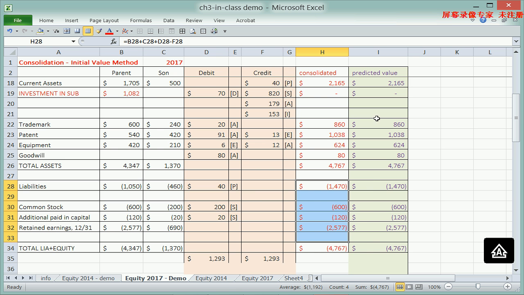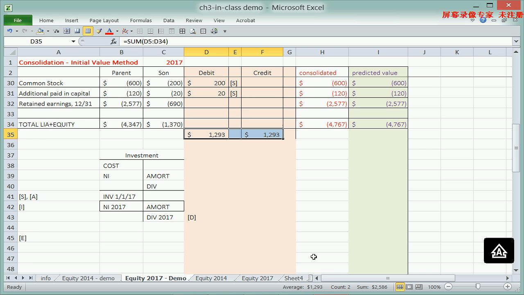Again, my predicted numbers are the intuitive numbers that should be the consolidated numbers of the whole entity. So if you look at my debit side and credit side adjustments, they are the same. Let me summarize it for you.